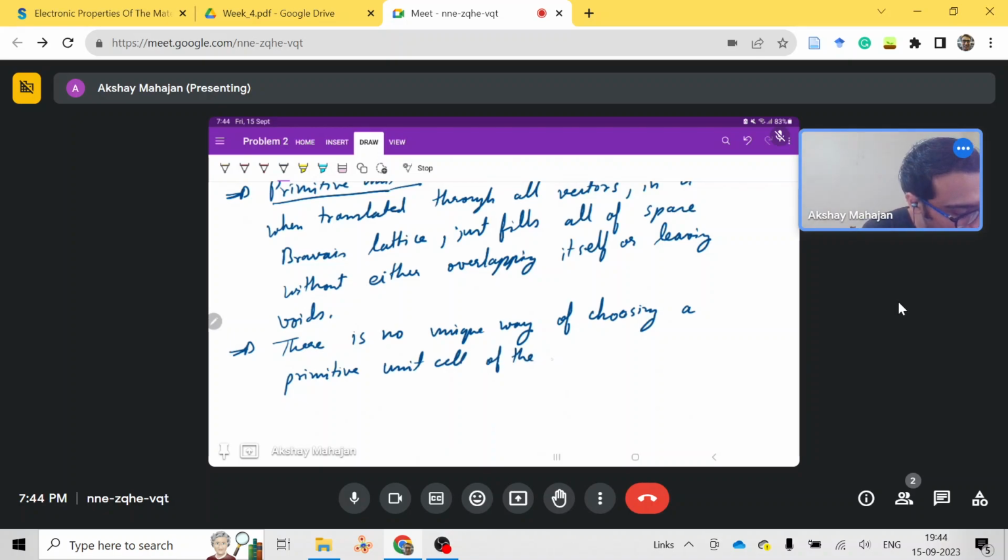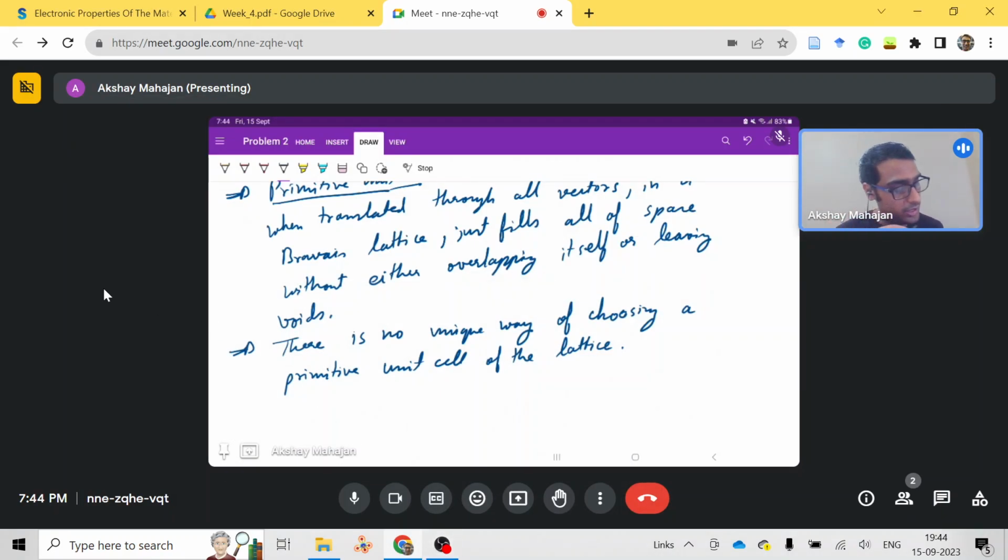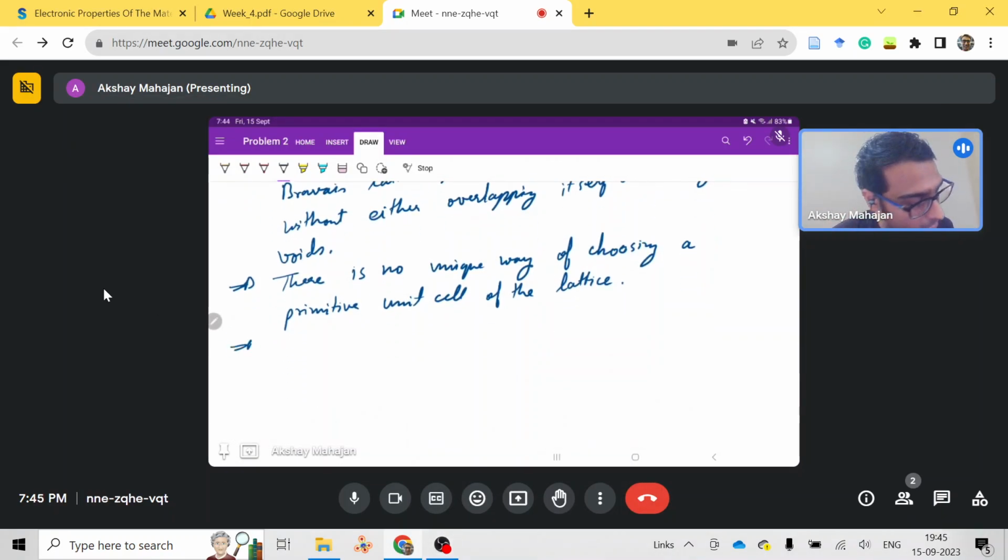Okay, so I am writing this because for a Bravais lattice, if you define some primitive lattice vector, it is not unique. You can have more than one set of primitive lattice vectors. Alright, so this we also need to keep in mind.